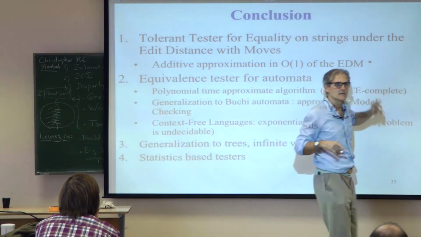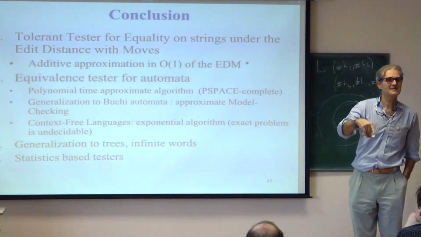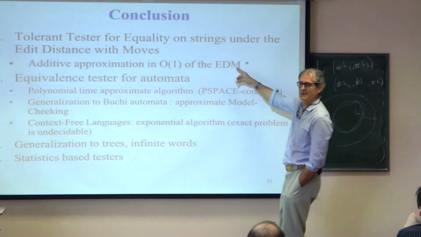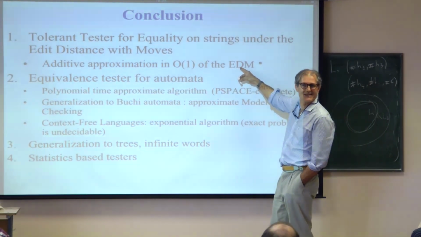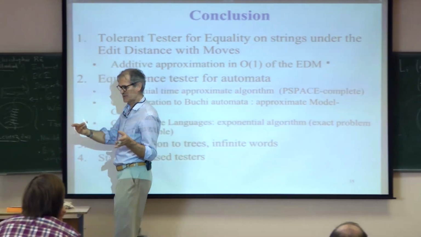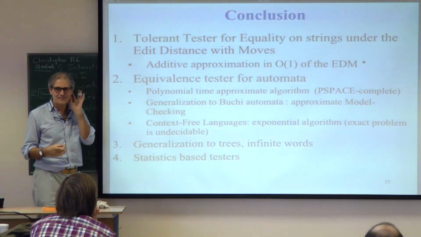Something I mentioned at the beginning is that computing the exact edit distance with move is NP hard, and this gives you an approximation in constant time. Of course, you compare with the edit distance, which is polynomial time computable, but impossible to approximate.